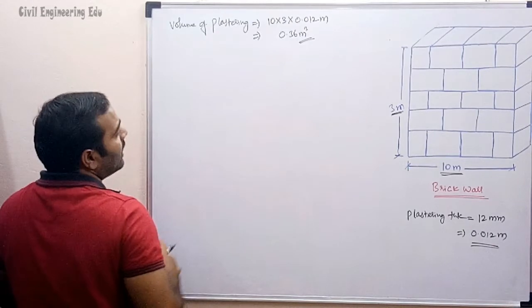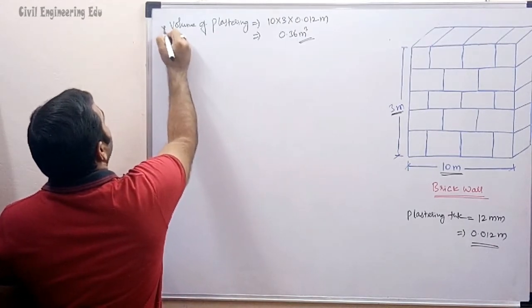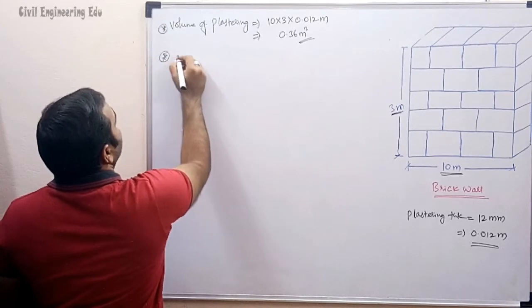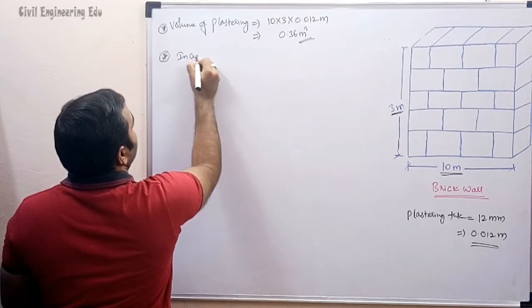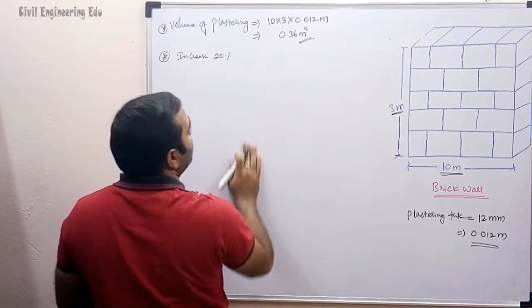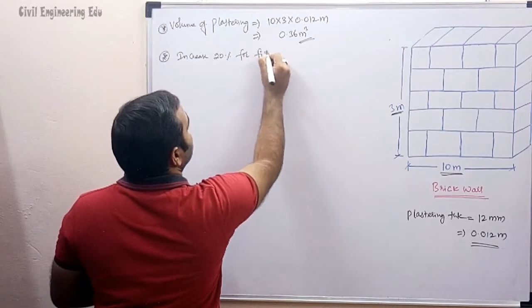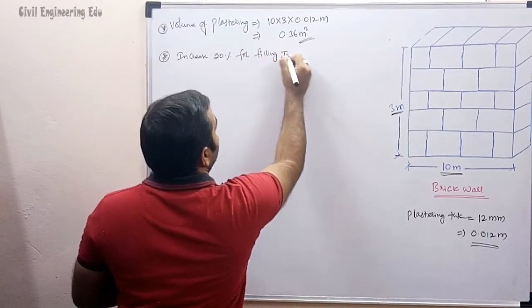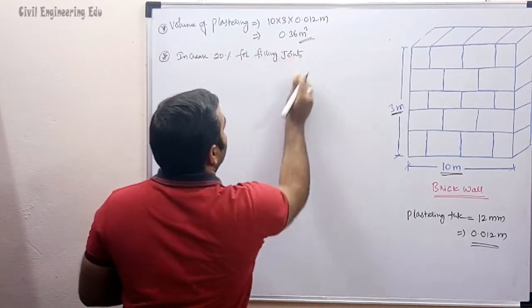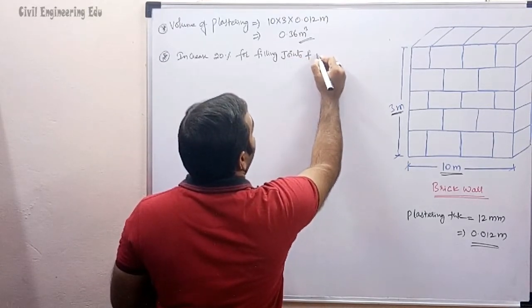Now let us see how to calculate the extra. Here we need to increase this volume by 20% for filling joints and also leveling uneven surfaces.